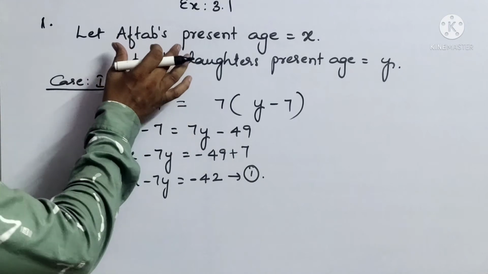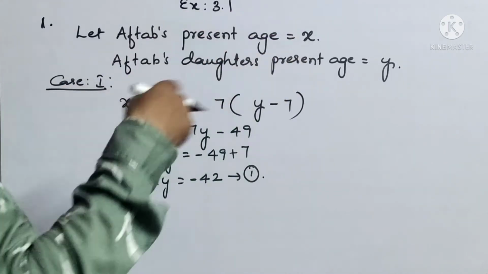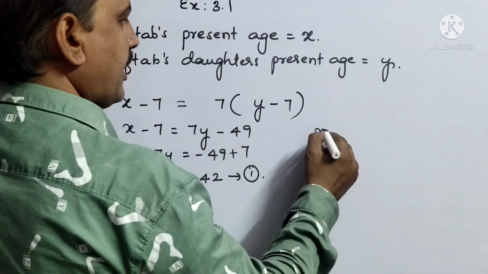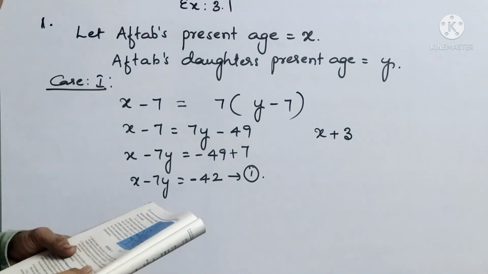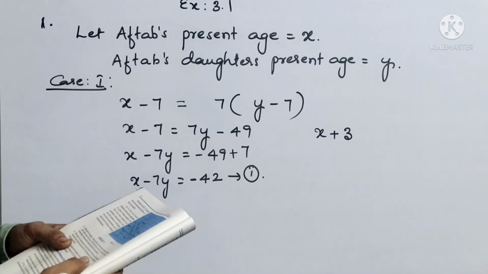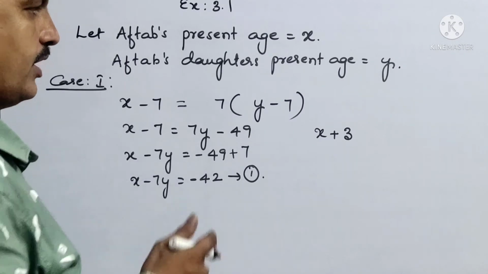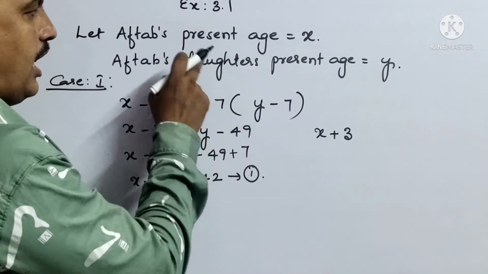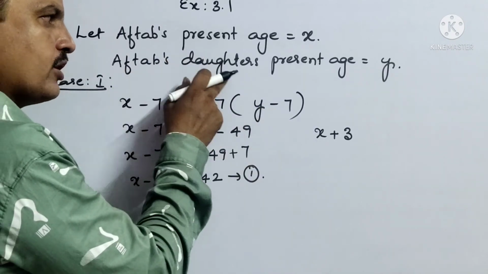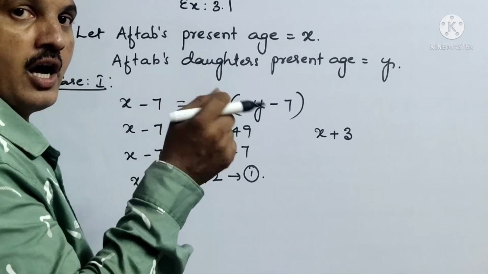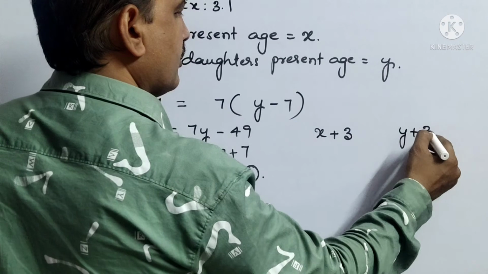Aftab's present age is x, so 3 years from now it is x plus 3. I shall be 3 times as old as you will be, so find the daughter's age after 3 years: y plus 3.